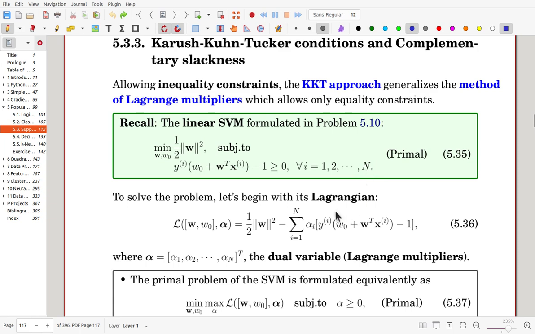Now we define the Lagrangian of the original objective function. Along with the Lagrange multiplier, we sum the left-hand side of the constraint and subtract. That is the Lagrangian, and we call alpha i the dual variable or Lagrange multiplier.